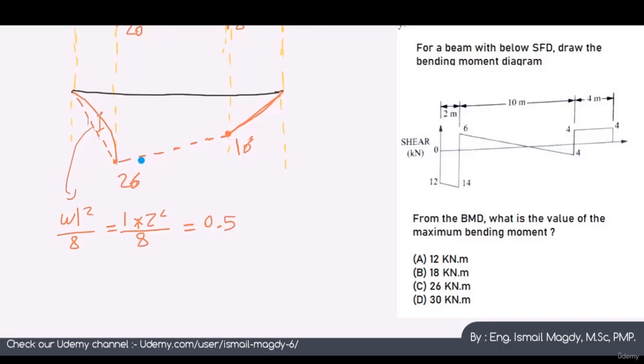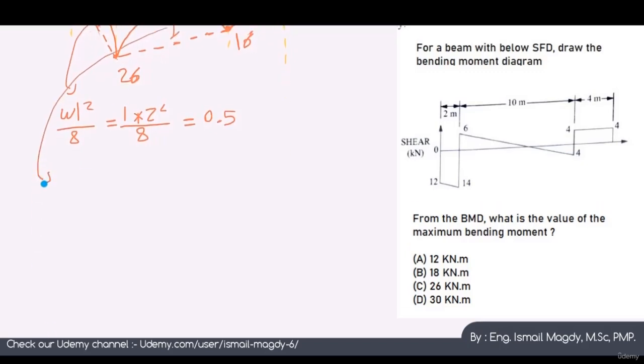Let's do the same on this side. We will draw this curve for the parabola, and we want to calculate this distance. This distance equals WL squared over 8, which equals 1 multiplied by 10 squared over 8, which equals 12.5.